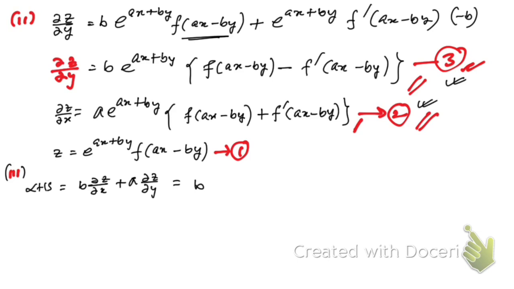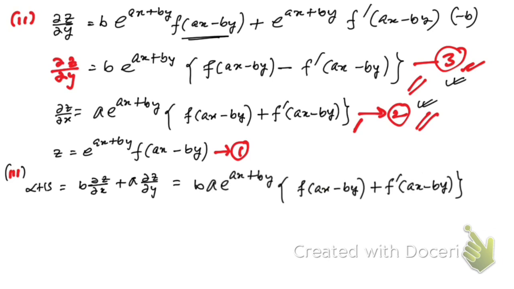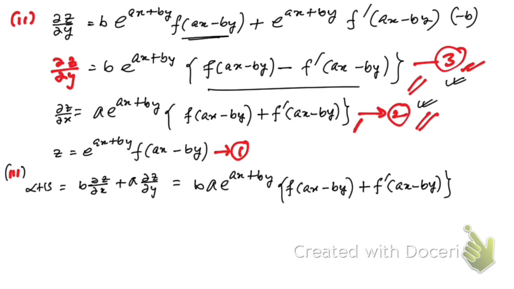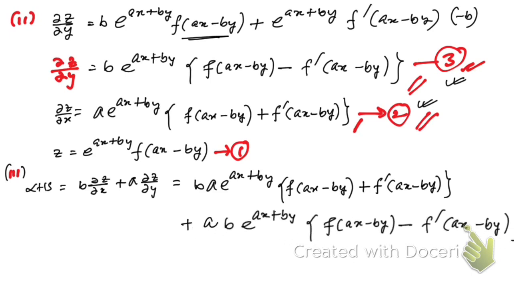This is del z by del x, right? So now let us replace del z by del y by this result. Plus a into, and del z by del y is this. Let me use this result here.